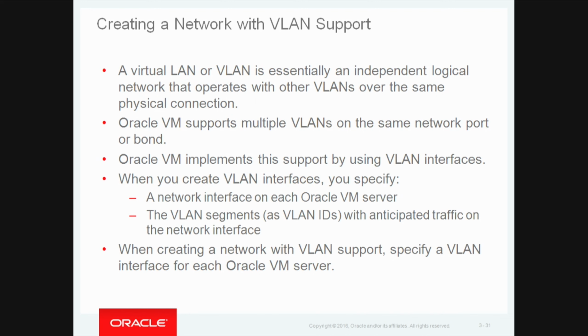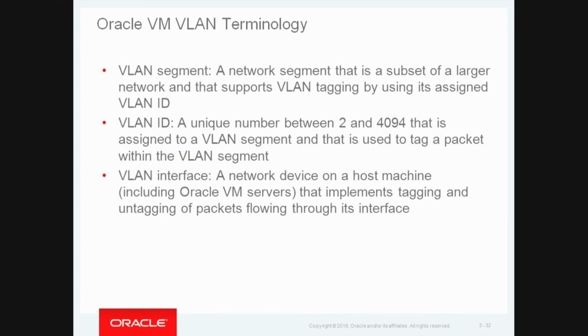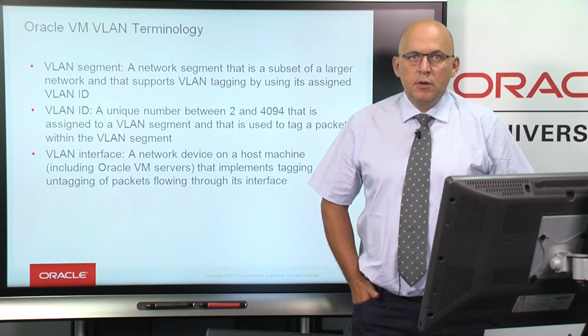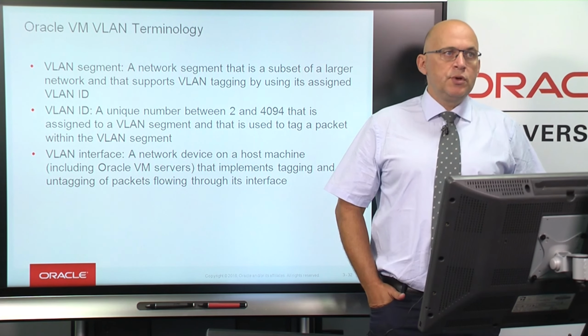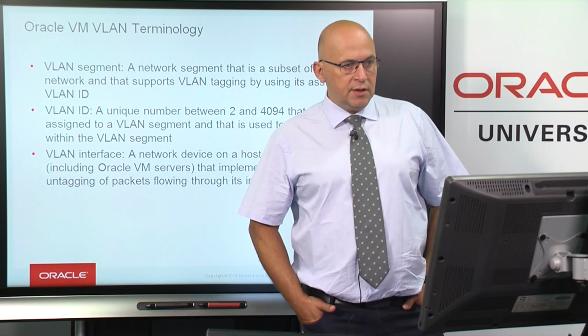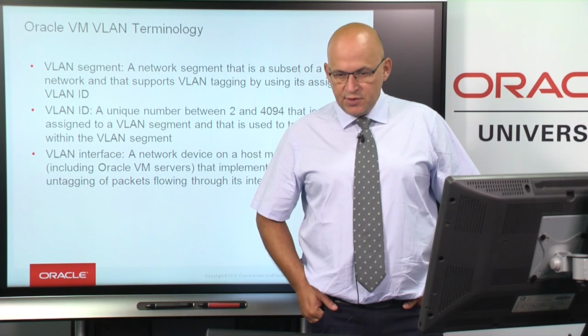So in these cases, we are expecting that somebody has already created this kind of configuration, and you will use the IDs that are specified by your network administrator in order to implement these particular VLANs inside your virtualization environment.